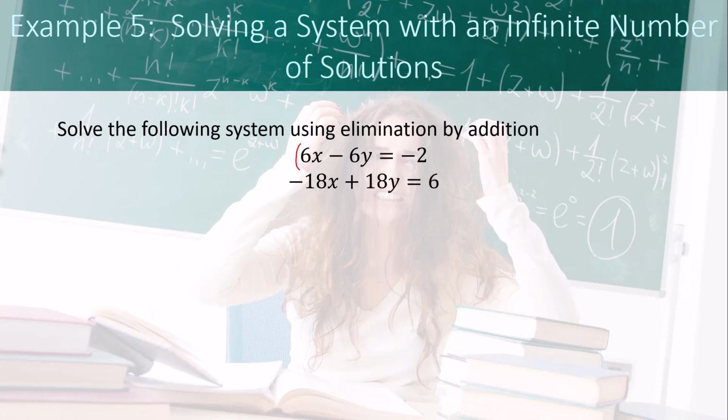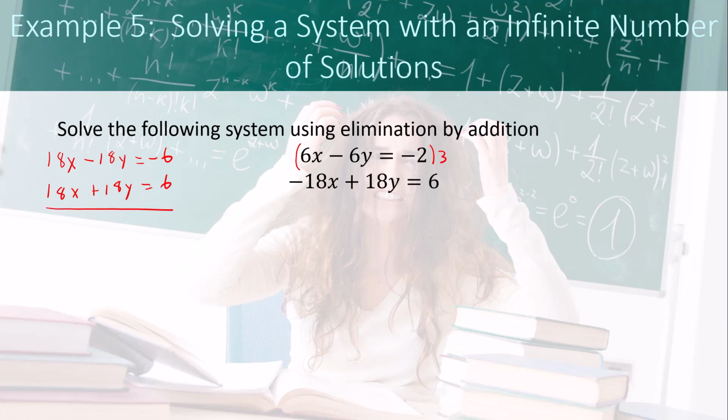I'm going to multiply this equation by 3, and if I do, I will have 18x minus 18y is equal to negative 6. And then over here, I have 18x for the next equation plus 18y is equal to 6.